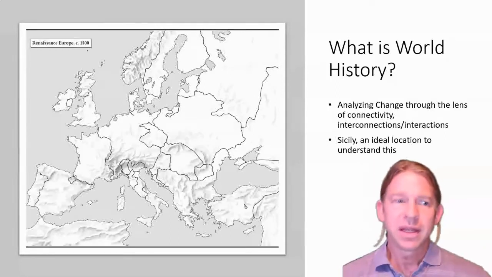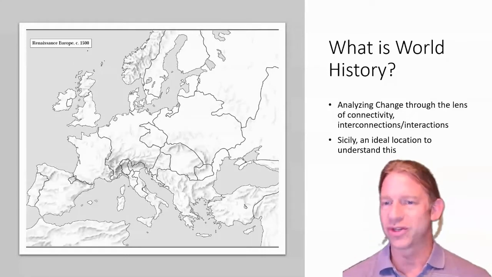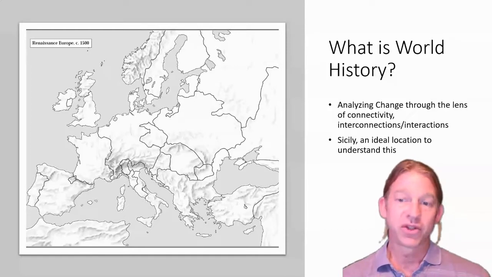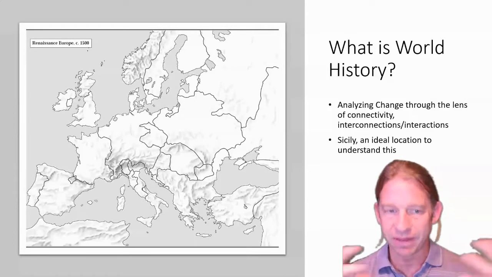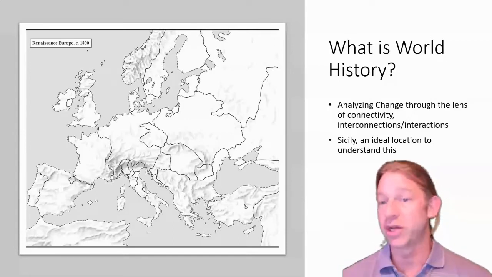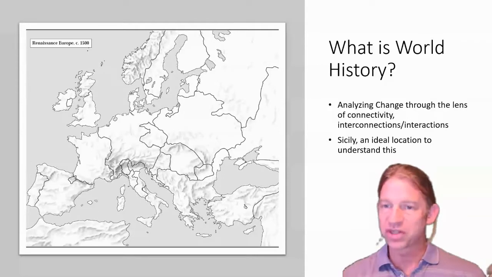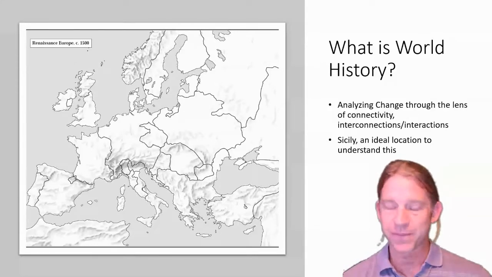So this is really, I think, at the core of what world history is, thinking about change over time. Remember, historians are most interested in thinking about and understanding change over time. How has change happened in the past, and what forces and factors drove that change, and what were the consequences from it?